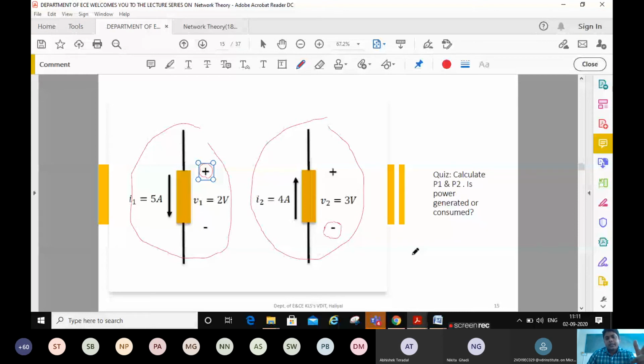If the current is leaving the positive terminal, or entering the negative terminal, the current is considered negative. Unless they specify the voltage as minus 3 or minus 2, consider the voltage as positive. It is already a positive voltage here, right?